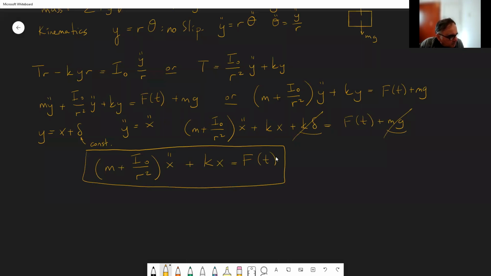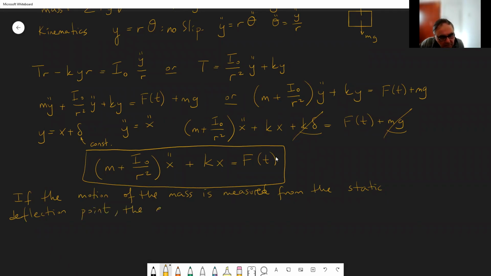Okay. So the moral here is that, let me write this down, if the motion of the mass is measured from the static equilibrium, the effect of gravity, which is the mg term, can be ignored because it gets cancelled in the equations.